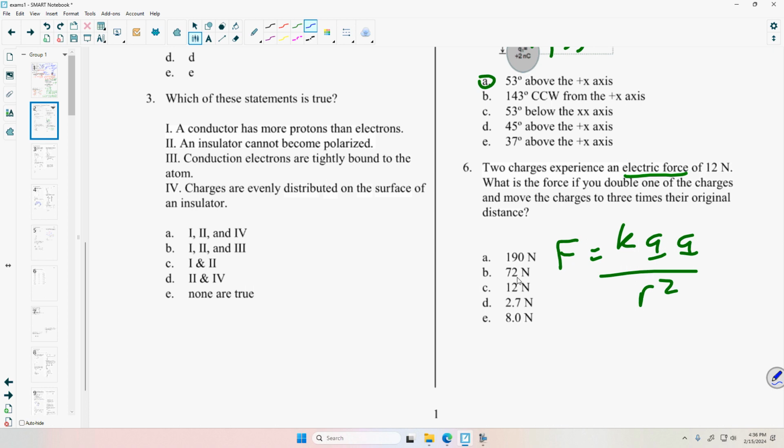If I double one of the charges, and I move the charges to 3 times their original distance, so that triples, how does that affect the left-hand side? Well, I get a 2 in the numerator and a 9 in the denominator. I say 2/9 times 12, 8, I think is the answer. All right, so is that not right? That's what I said. 2.7 is the right answer, okay?